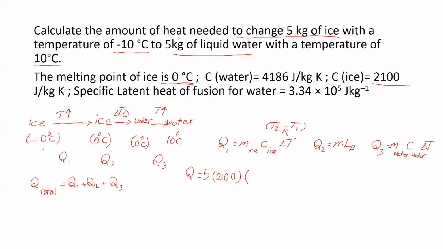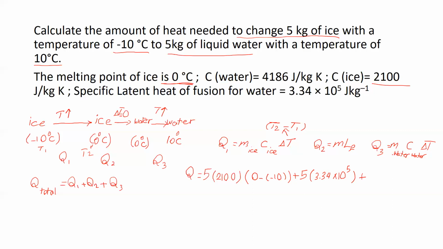For ice, this one is T1 and this one is T2. So it's 0 minus minus 10. Okay, this part is our Q1. Plus Q2: again, mass in kilograms, that mass hasn't changed, so it still is 5 kilograms. Lf, the specific latent heat of fusion for water, is 3.34 times 10 to the power of 5 joules per kilogram.